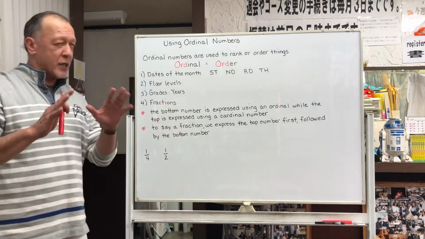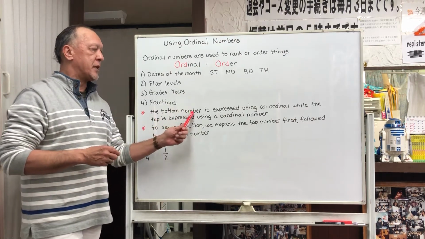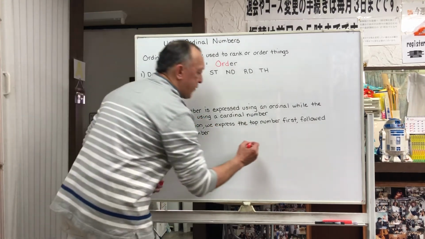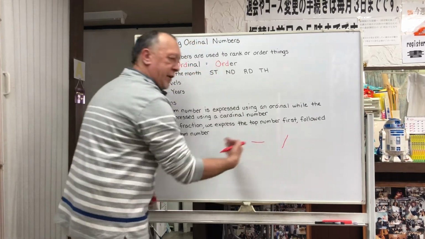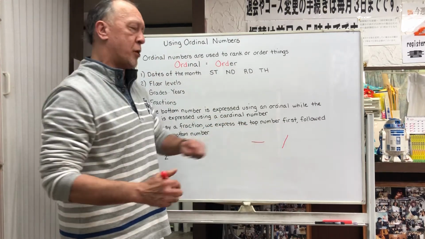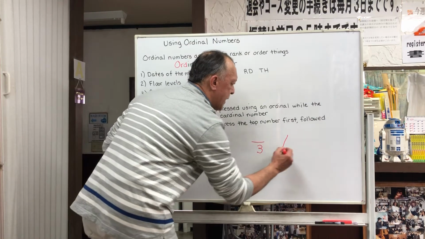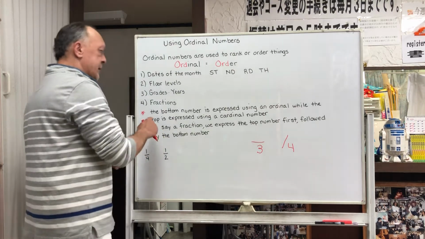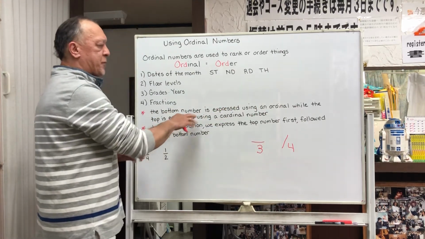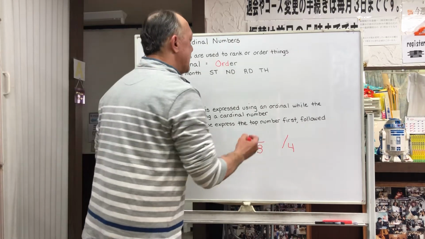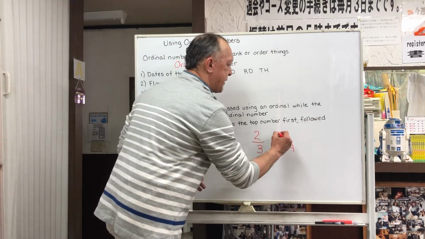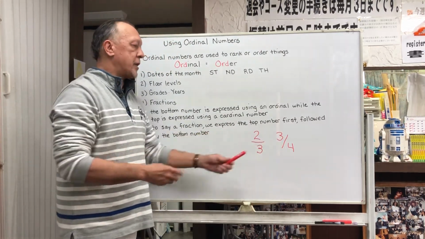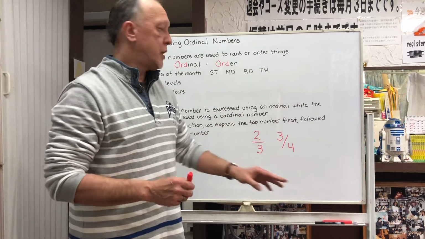For fractions, we want to remember the bottom number is expressed using an ordinal number, while the top is expressed using a cardinal number, such as a 2 or a 3. The bottom numbers will be pronounced third, fourth.